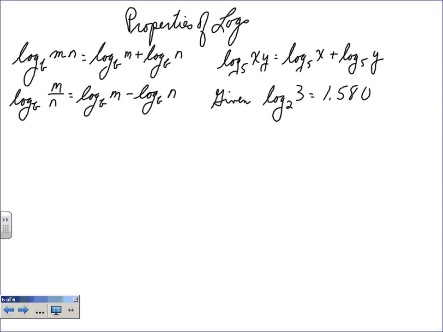That's given. And that is actually true. Log base 2 of 3 is actually 1.580. Okay? And it's approximate. We've rounded this. So this is an approximation.